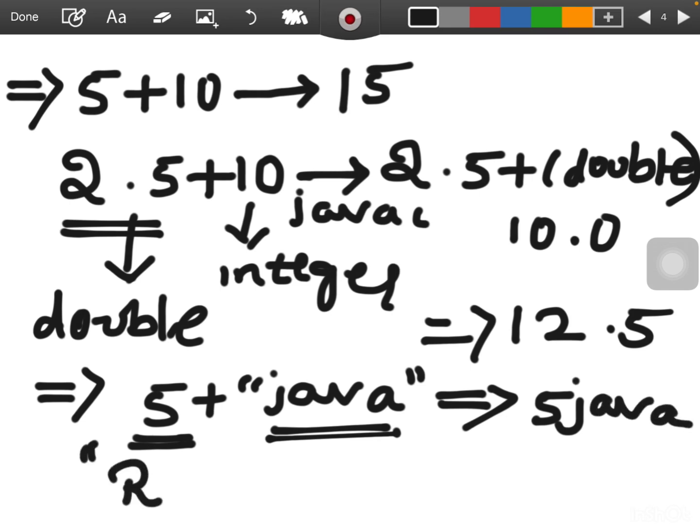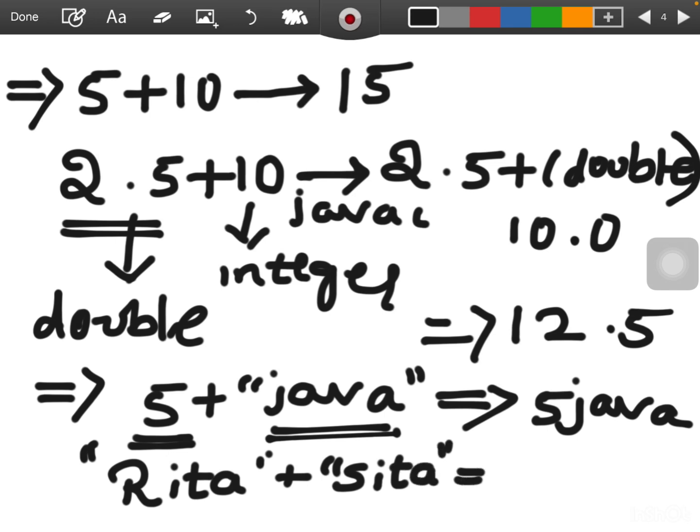If it is Rita plus Sita, then we will get the output as RitaSita. This is the plus operator.